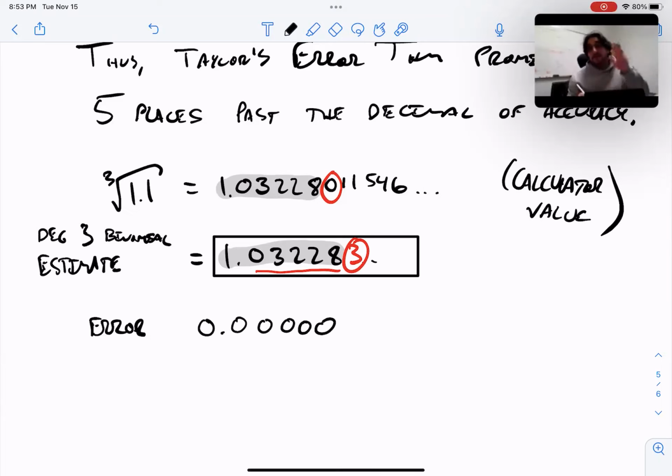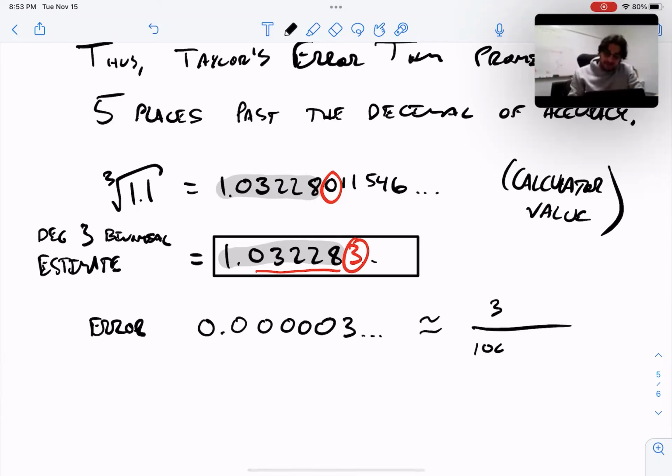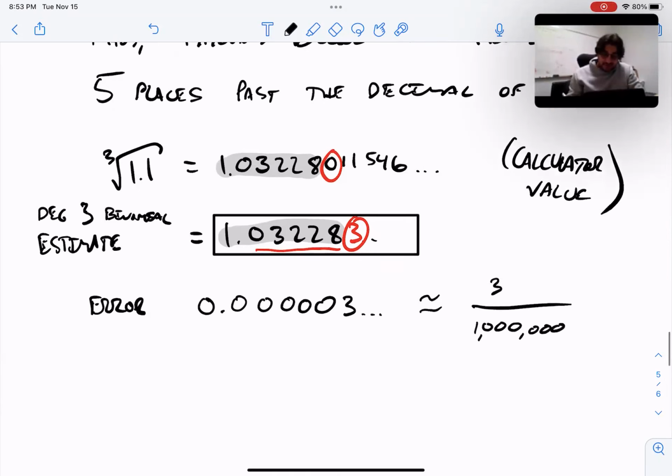0.00000. You have 5 matching digits, and then our estimate had a 3 in the millionths place, right? Whereas the true had a 0 in the millionths place, right? So the actual error is something like 3 millionths, right? Which is less than 1/100,000, as Taylor's error theorem claimed.